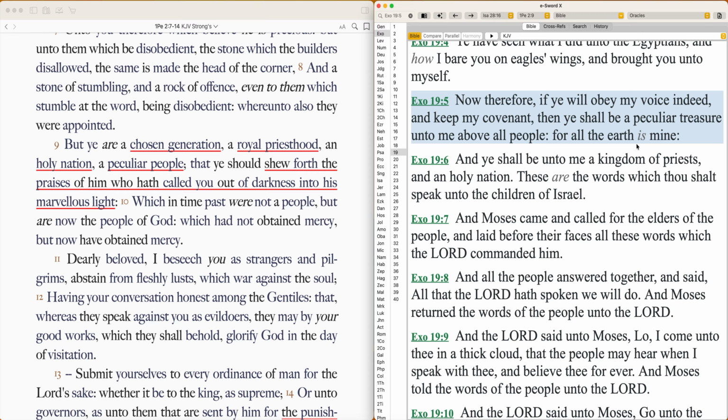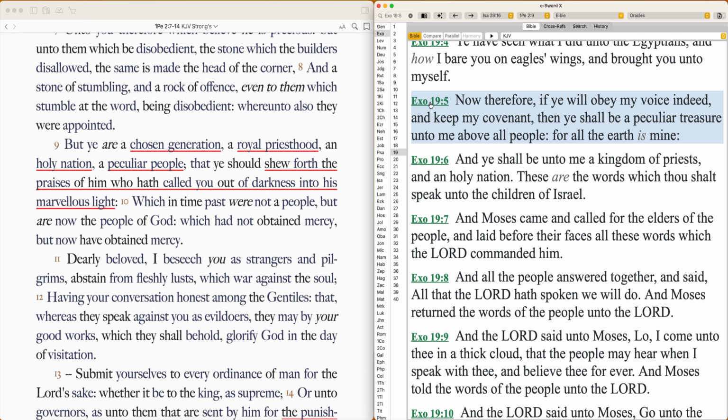For all the earth is mine, and you shall be unto me a kingdom of priests and a holy nation." Okay, so that's what Peter was saying in First Peter 2:9: "But you are a chosen generation, a royal priesthood, a holy nation, peculiar people." That's all that was written here.